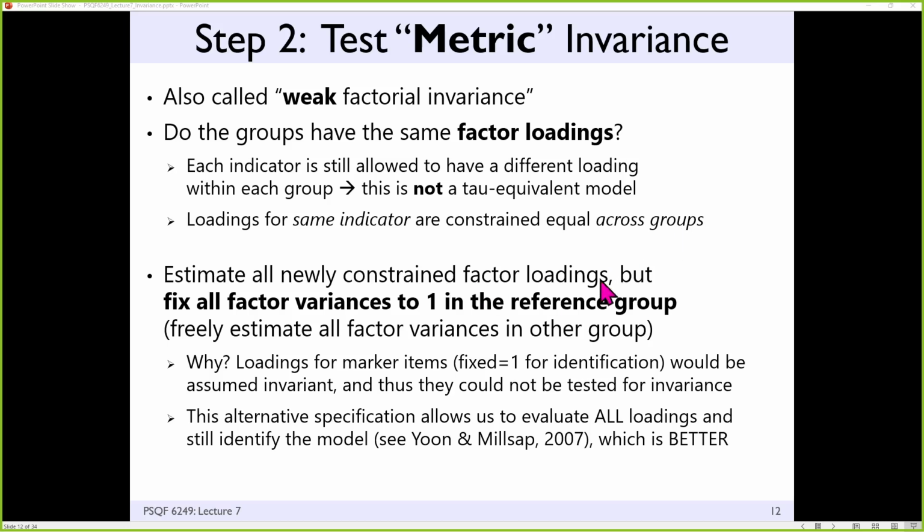So a critical step then is to simultaneously allow the factor variances to be estimated in the non-reference groups. Because one of the reasons why the factor loadings may have been different across groups is because the factors had different variability.